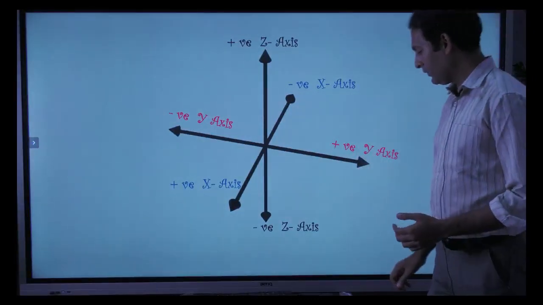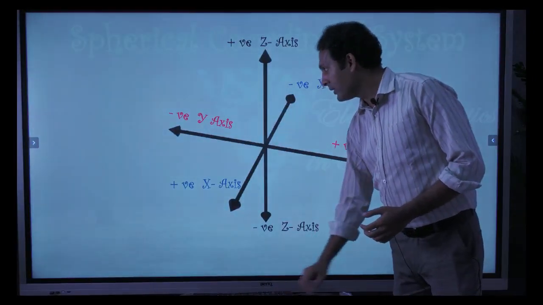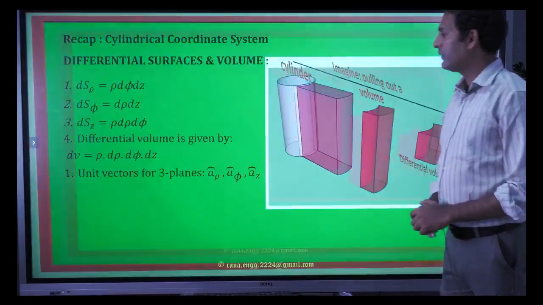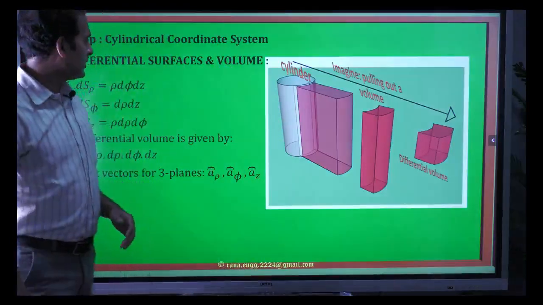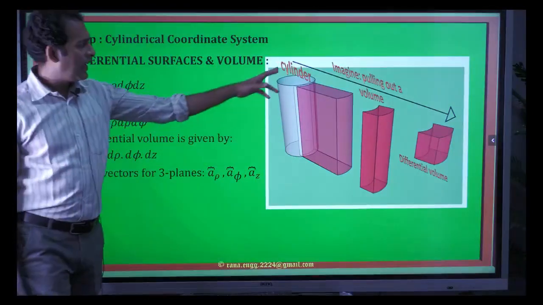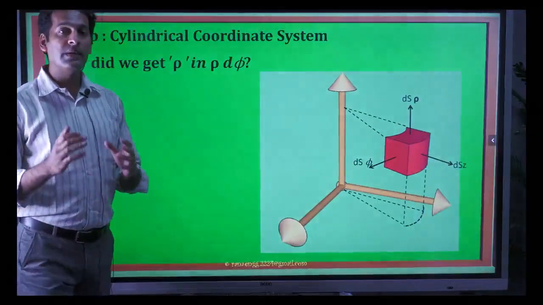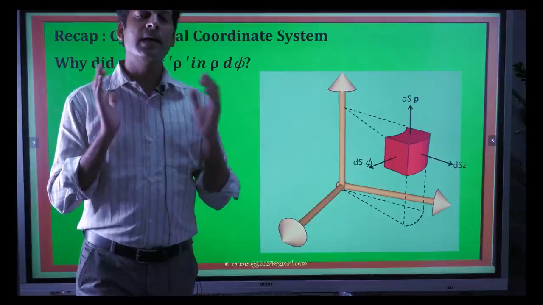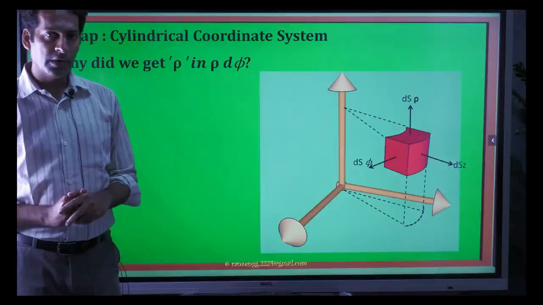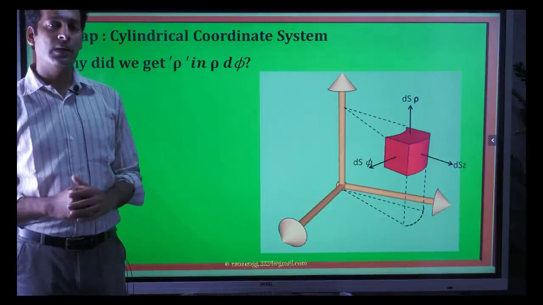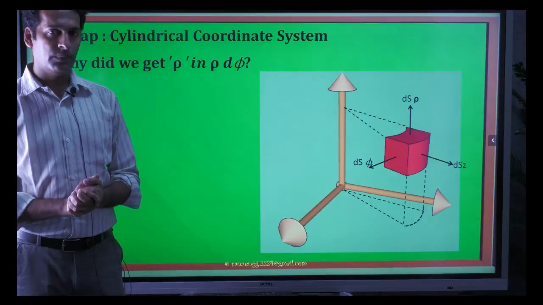Now let us begin with the recap of the cylindrical coordinate system, which is very essential to understand the spherical coordinate system. In the last session we discussed the cylindrical system, where we imagined ourselves inside a cylindrical hall. In the first, Cartesian or rectangular coordinate system, we imagined ourselves inside a classroom.